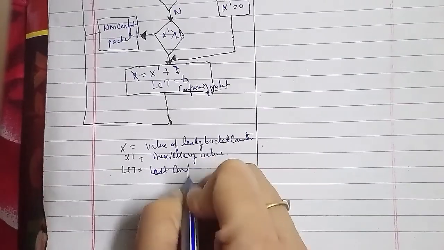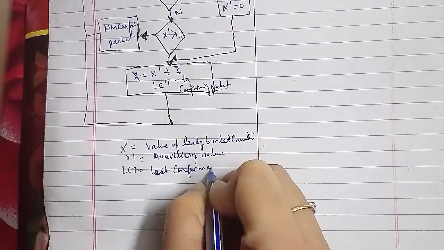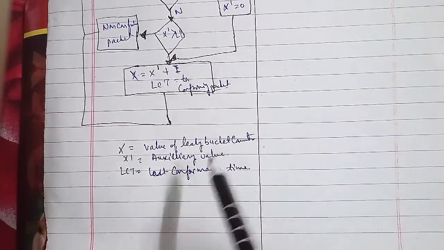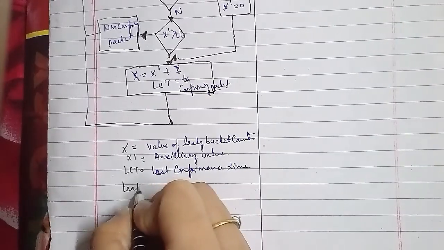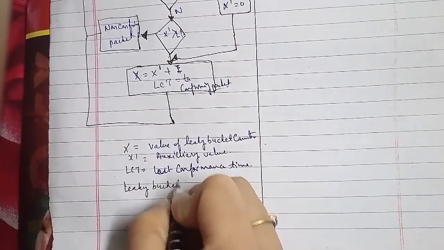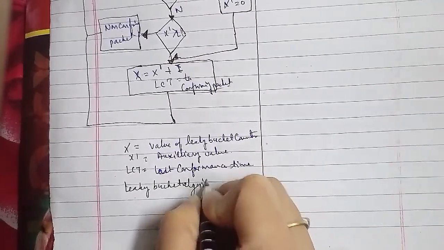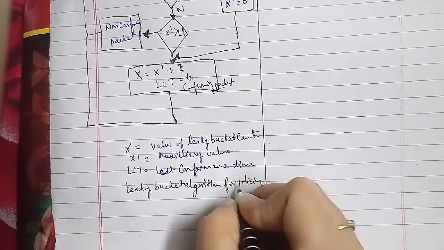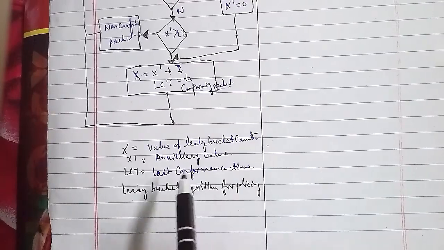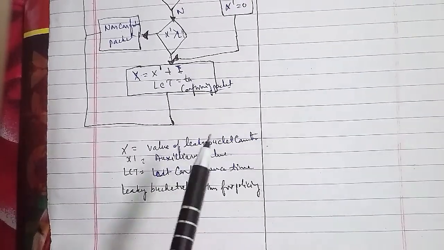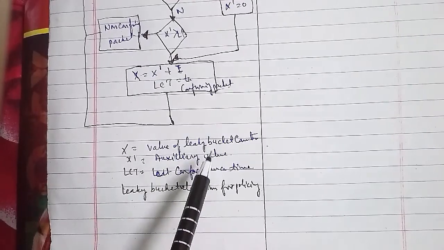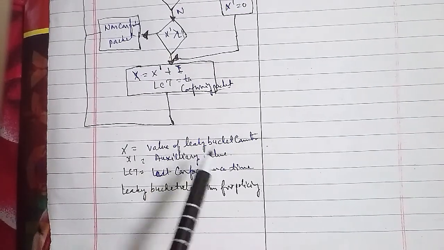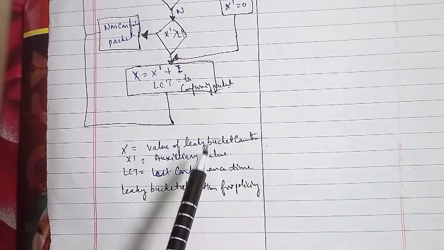So these were the values, and that is denoted here, that is your leaky bucket algorithm for policing. So at the arrival of the first packet, the content of bucket X is set to 0 and the last conforming time is set to the arrival time of the first packet. And of course the depth of the packet bucket is L plus 1, where L typically depends on the traffic burstiness. Okay, so now we'll go ahead and discuss more related to this topic.